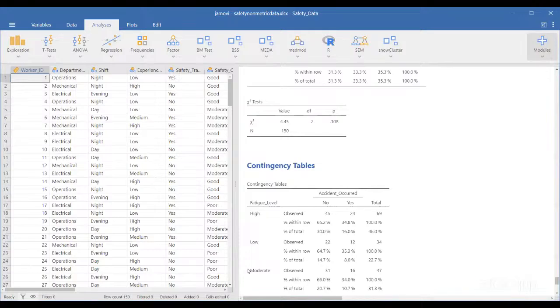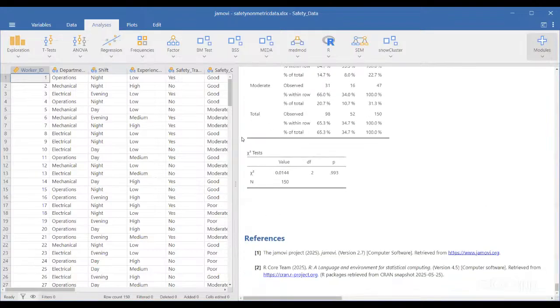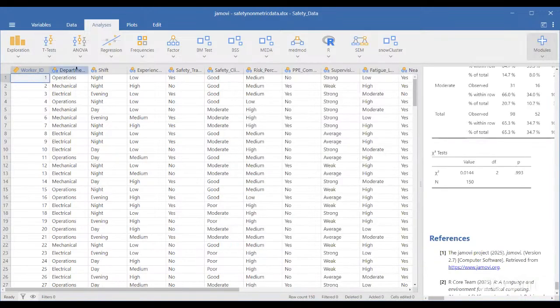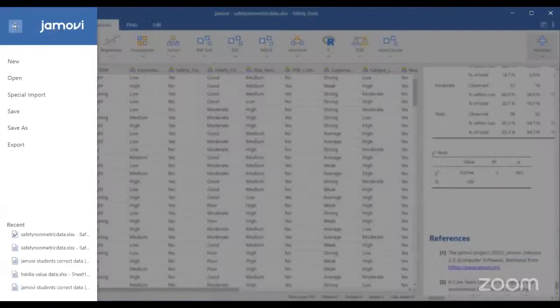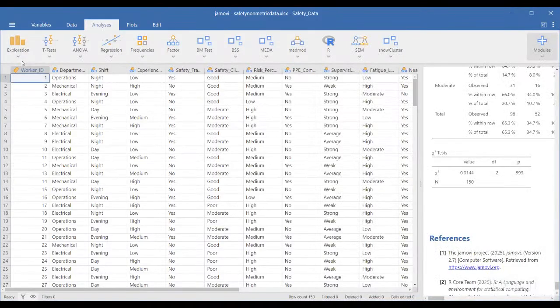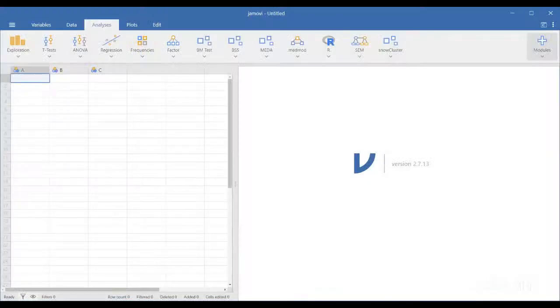Now you go for the new data. No, no, no. You click these three above the exploration. There you can find new. Click it. Correct.